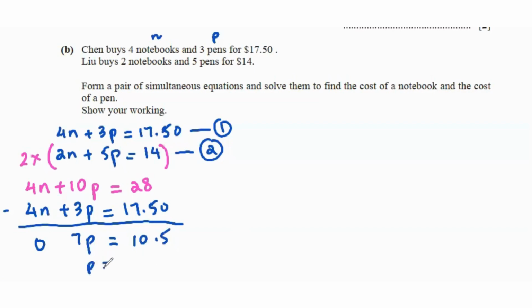So p is going to be 10.5 divided by 7, and that equals $1.5. So this is the cost of a pen.